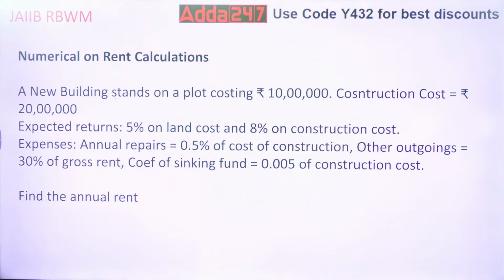Expected returns 5% on land cost and 8% on construction cost. Expenses, annual repairs 0.5% of cost of construction. Other outgoings 30% of the gross rent. Coefficient of sinking fund 0.005 of construction cost. Find the annual rent.